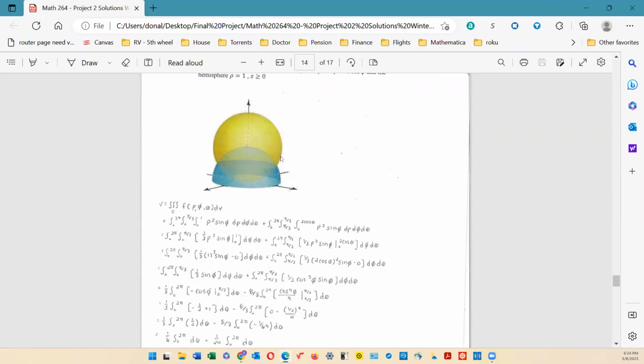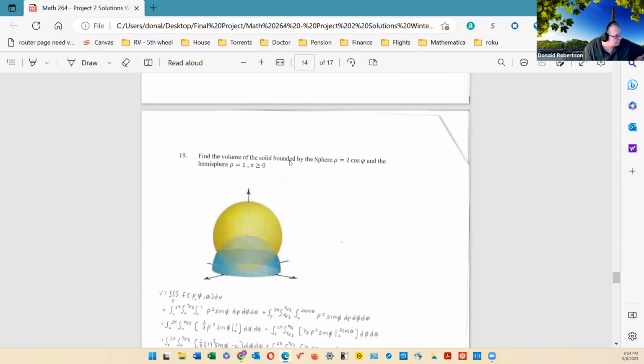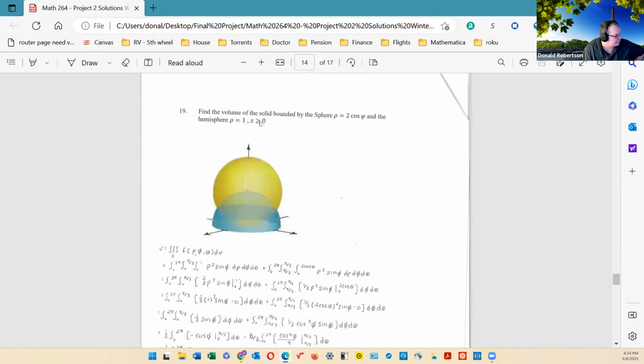Yes. Okay, so essentially what we've got is a big greenish yellow sphere, right? And we've got a hemisphere, which is the blue guy. And we're being asked to find the volume of the solid bounded by them. So you've got a solid at the top and another solid at the bottom.